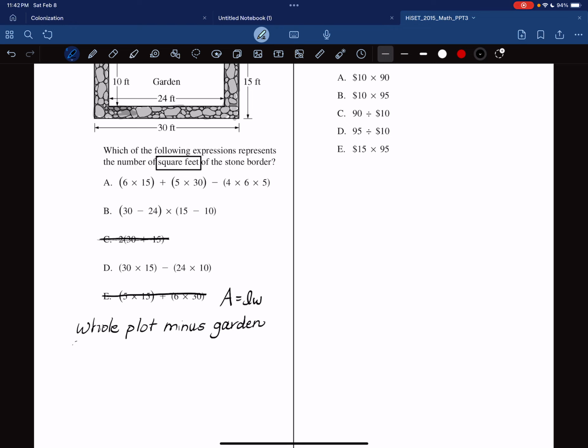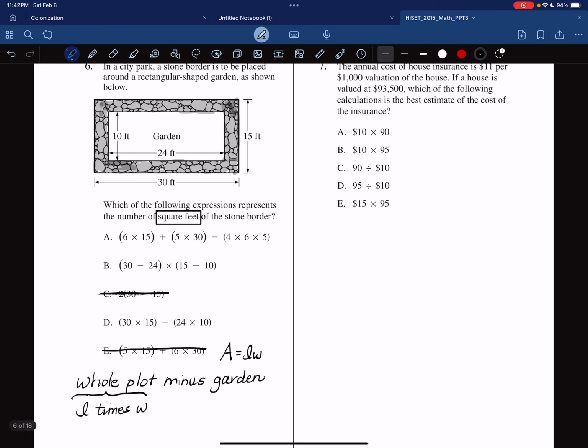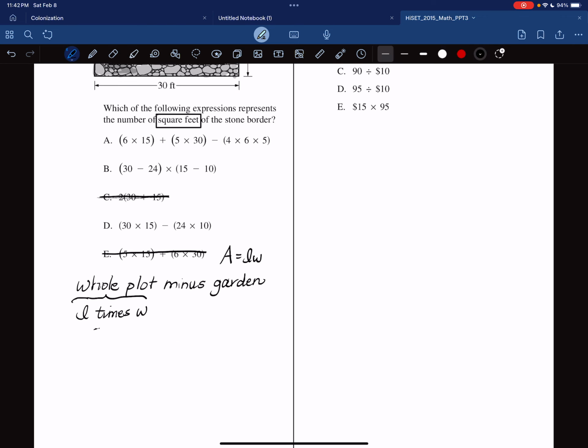So for the whole plot, the length times the width is going to be 30 feet long, that's this dimension, by 15 wide. So 30 by 15 for the whole plot.